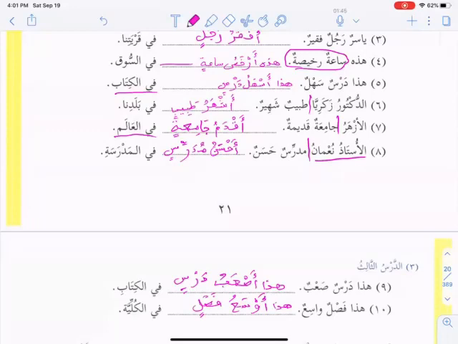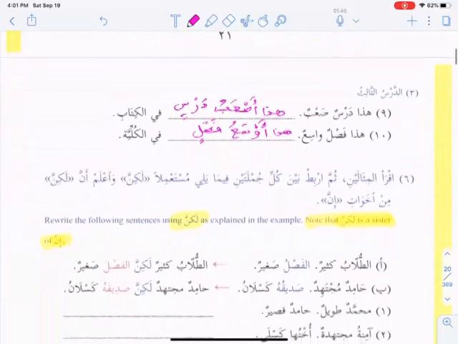This is the most spacious classroom in the kulliyah. Did you get the idea?